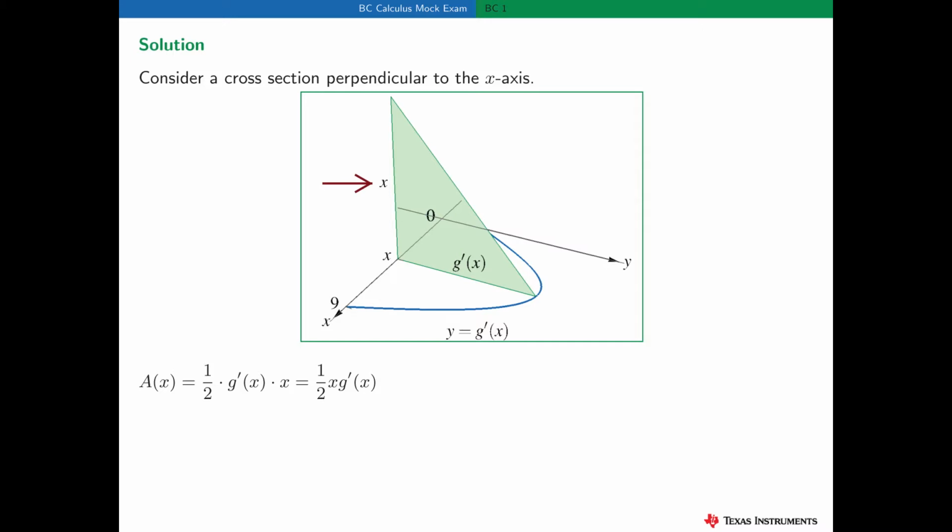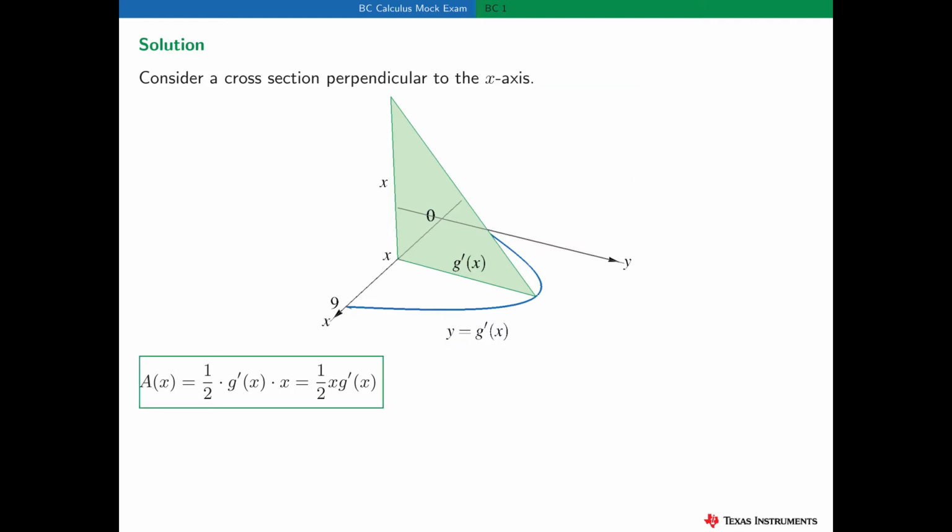At x, the intersection or cross-section is a right triangle with height x and base in the region R. So the length of the base is the value of the function g prime of x. Therefore, A of x is 1/2 times the base times the height, or 1/2 times g prime of x times x.